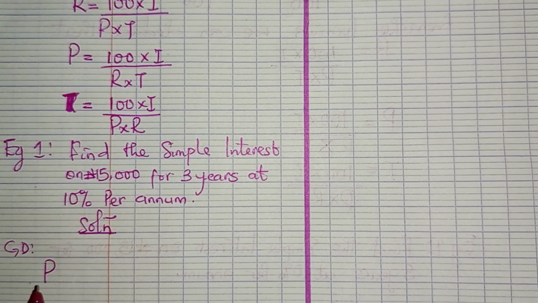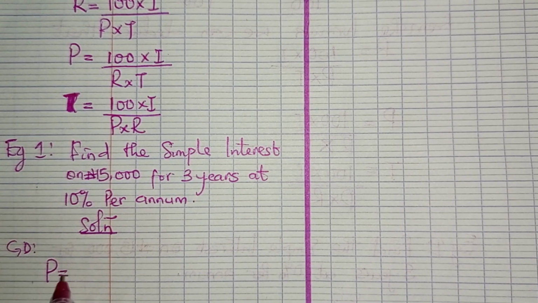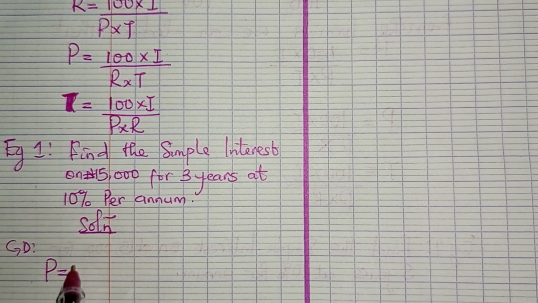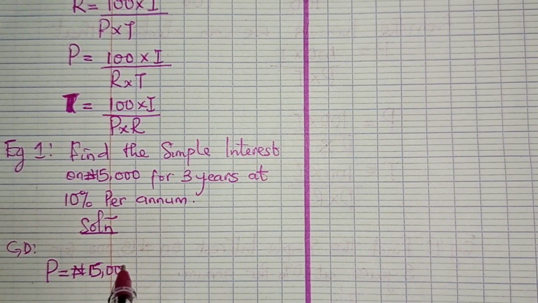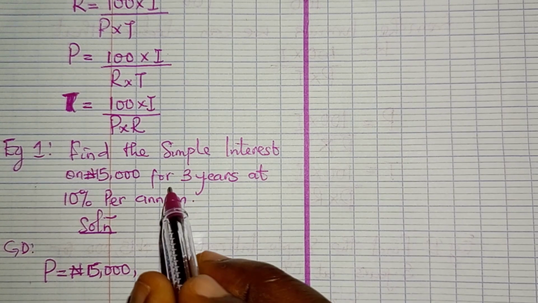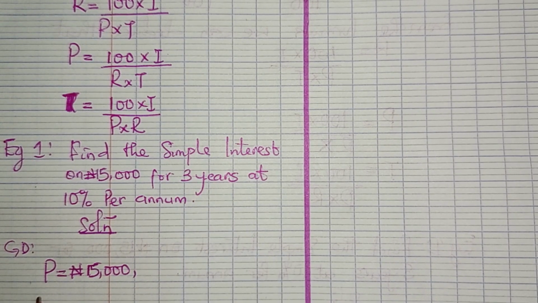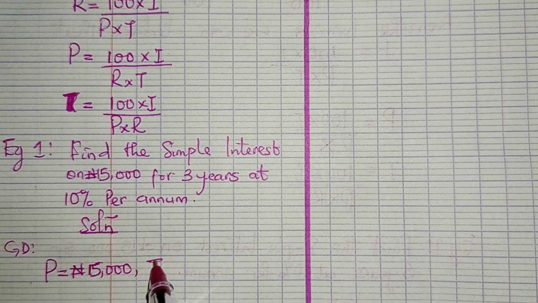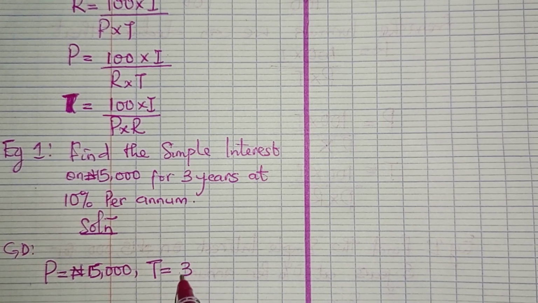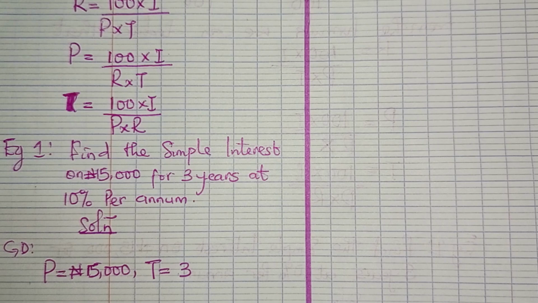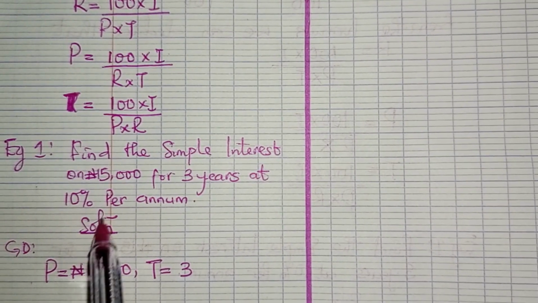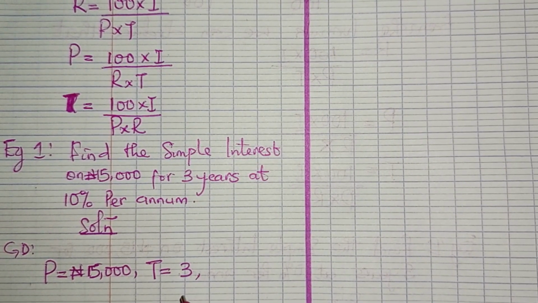From the data given, we'll see that our principal is 15,000 for 3 years. So T is equal to 3 at 10% per annum.